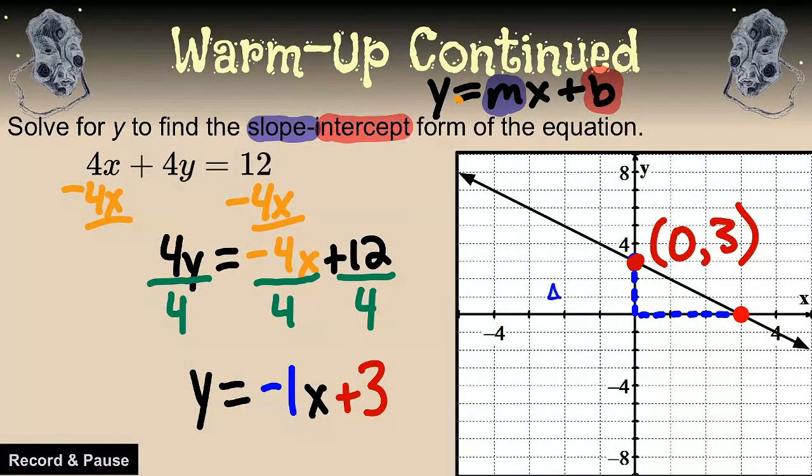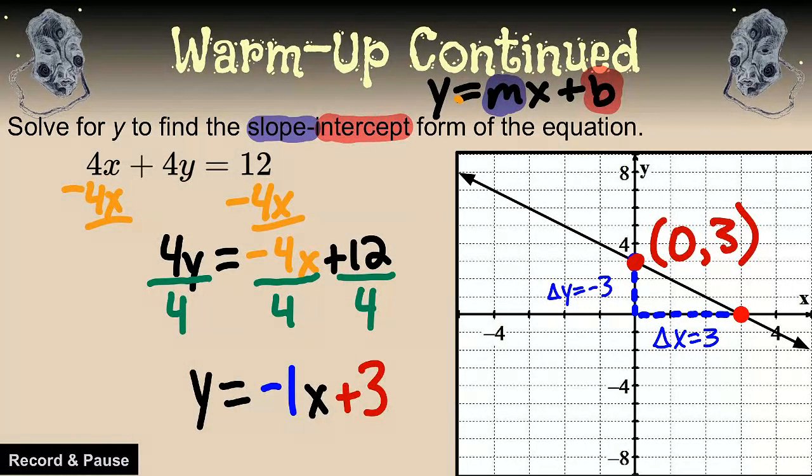And notice that our delta y, our change in y as we go from the point on the left to the point on the right, we go down 3. So our delta y is negative 3. And our delta x, our change in x as we move from left to right, is to the right 3. So our delta x is positive 3.